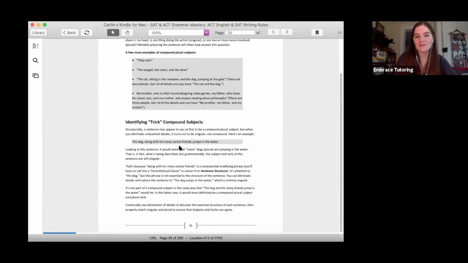So this information is actually from the predicate. So it's supposed to be part of that predicate, and it's just being rearranged. We can even rearrange it further and say, along with his many canine friends, the dog jumps in the water. So using a comma. So those are different ways to organize a sentence in terms of sentence structure.